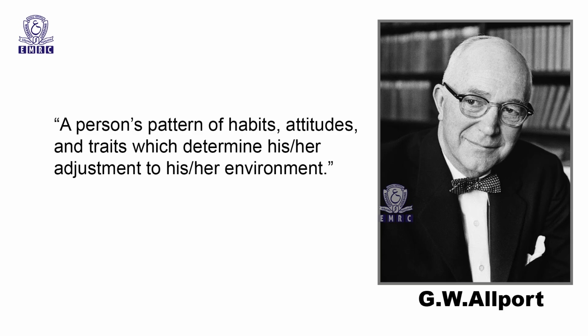Understanding through the definition by G. W. Allport, who defined personality as a person's pattern of habits, attitudes and traits which determine his or her adjustment to his or her environment.